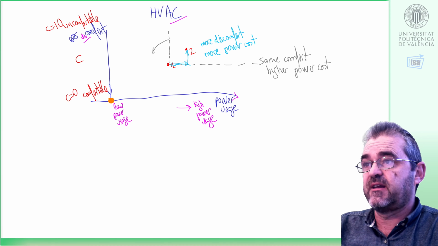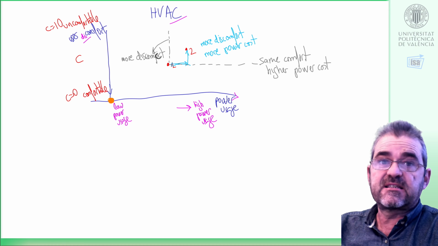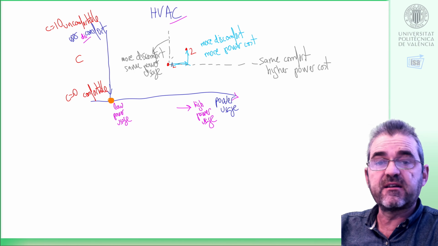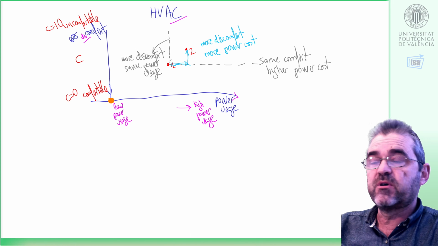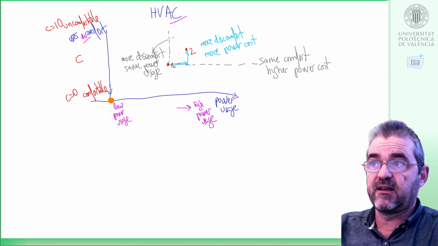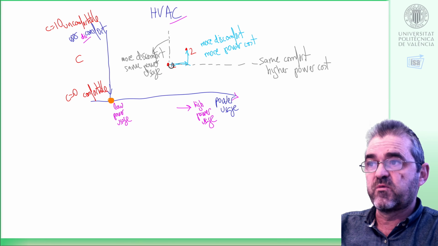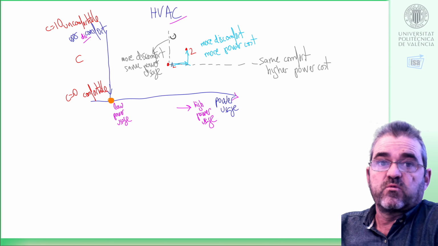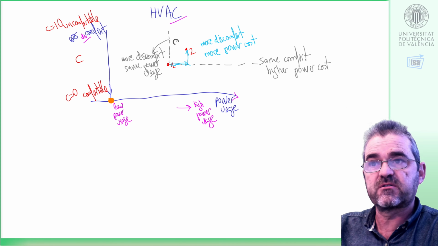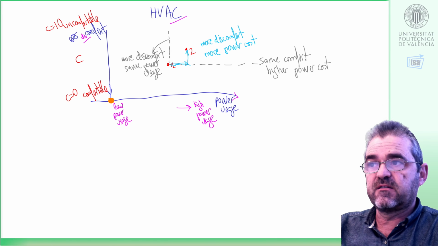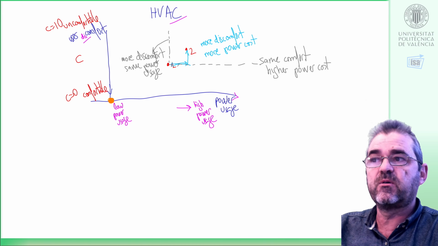Analogously, the vertical line indicates less comfort for the same power usage. So if we have design alternatives in which the operating point is selected in this vertical line, those design alternatives are again nonsense. With the same power usage, I can get 1 instead of these other ones, which are less comfortable to my users.